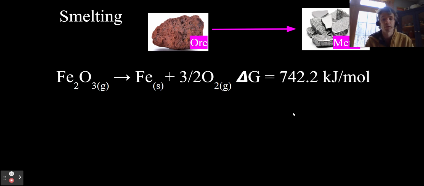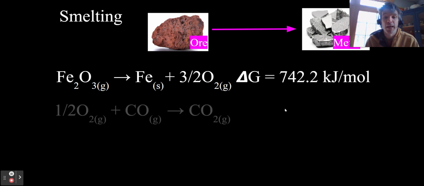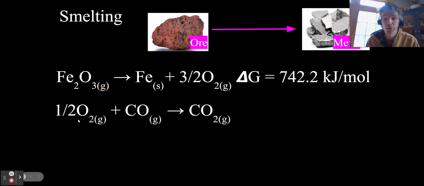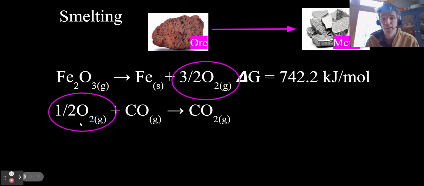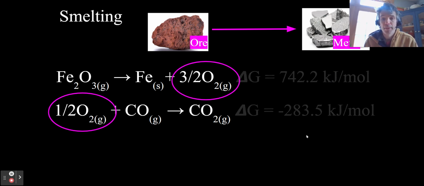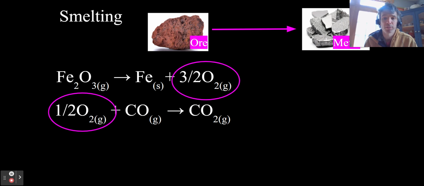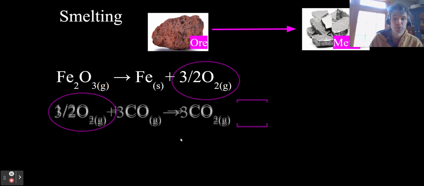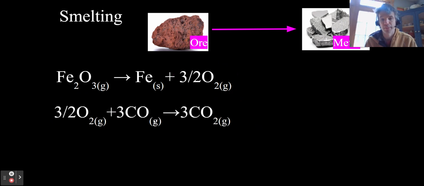I'm going to couple this with another reaction that has a common intermediate. Here you can see it's oxygen. I'm also going to couple it with a reaction that's thermodynamically favorable, as in this reaction. Now, if I want these intermediates to cancel out, I need to multiply this reaction by 3. So I do that, and I get this.